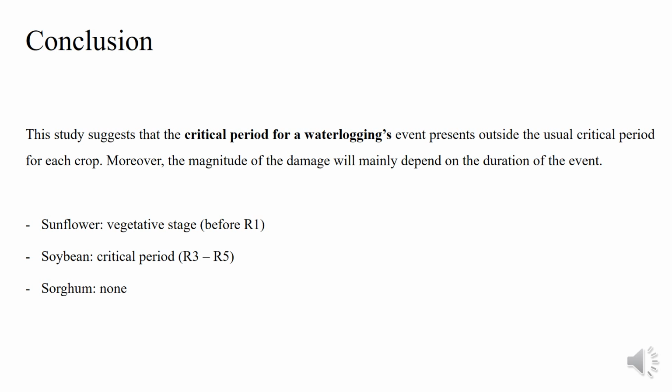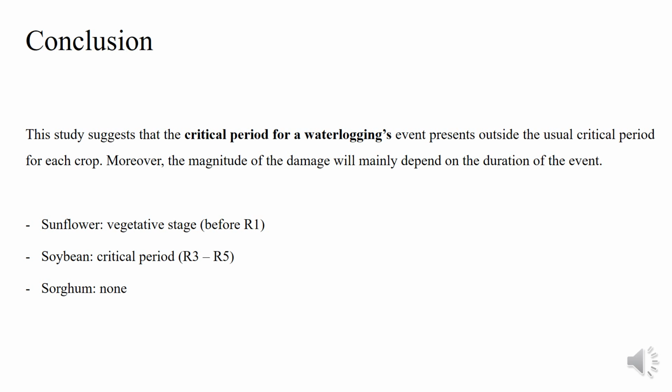For example, in sunflower, we found that before the R1 phenological stage, which is during the vegetative stage, any waterlogging event under 10 days of duration is worse for yield reduction or any component than the same event happening after that period.